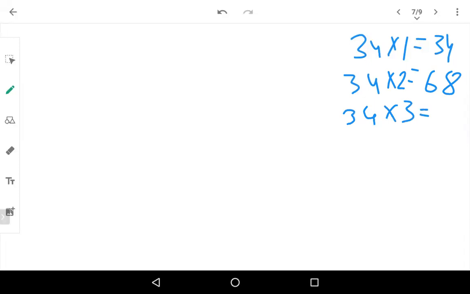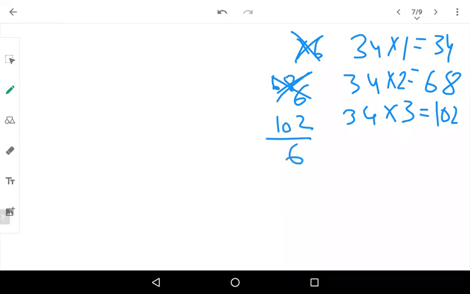34 into 3 is 102. Now 34 is not divisible by 6. It's not working. Now try dividing 68 by 6. You will get some decimal. So this is also not possible. 102 by 6, how much do you get? 17.